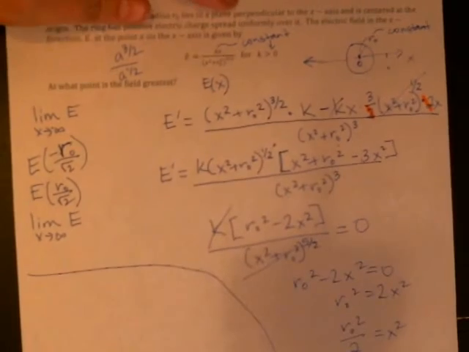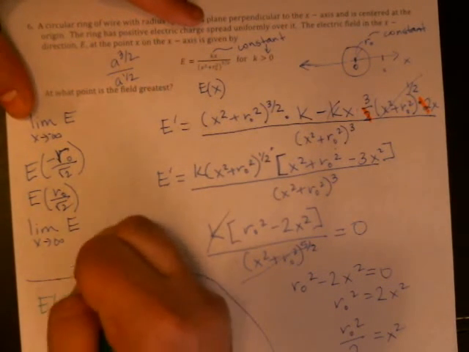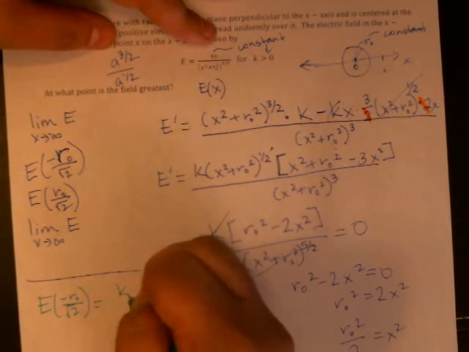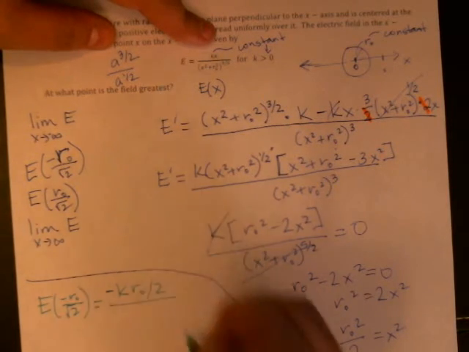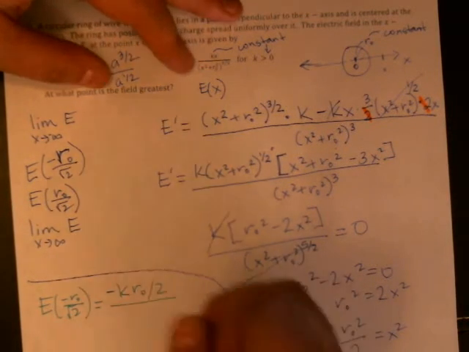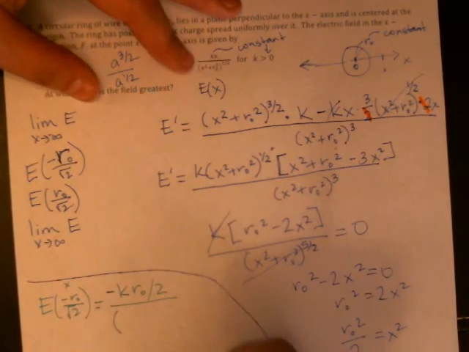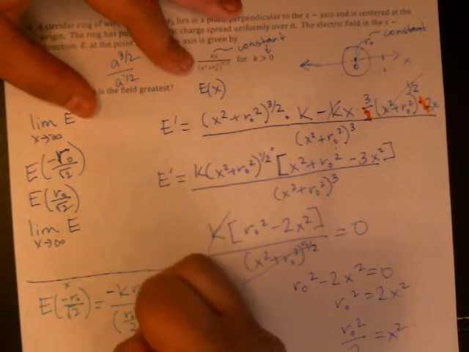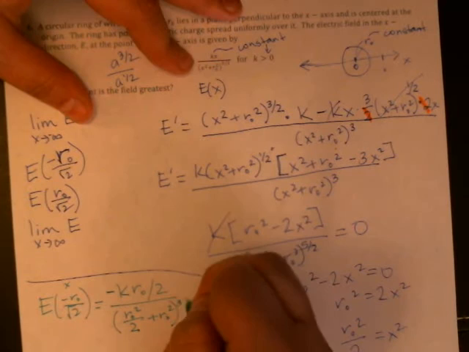So if I want to find E of negative r0 over the square root of 2, I'm going to plug that in, so I'm going to get k times negative r0 over 2, and then I'm going to get, so this is my x, right? So I'm going to get that thing squared, which is going to make it positive r0 squared over 2 plus r0 squared to the 3/2.